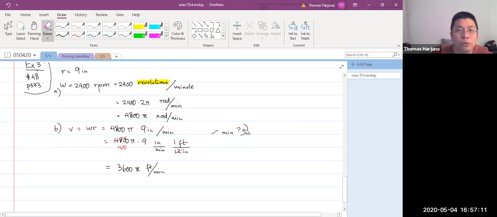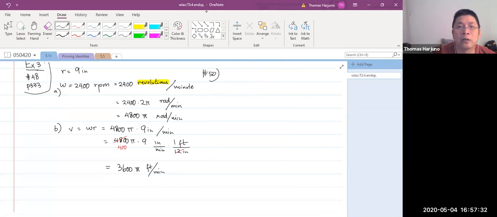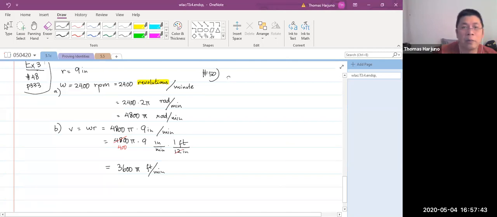Now let me ask you to do a problem. Let's say number 50 on the same page. A typical tire for a compact car is 22 inches in diameter. Give me a second. I have some issue with this pen. So number 50, the diameter is 22 inches, so the radius will be 11 inches.